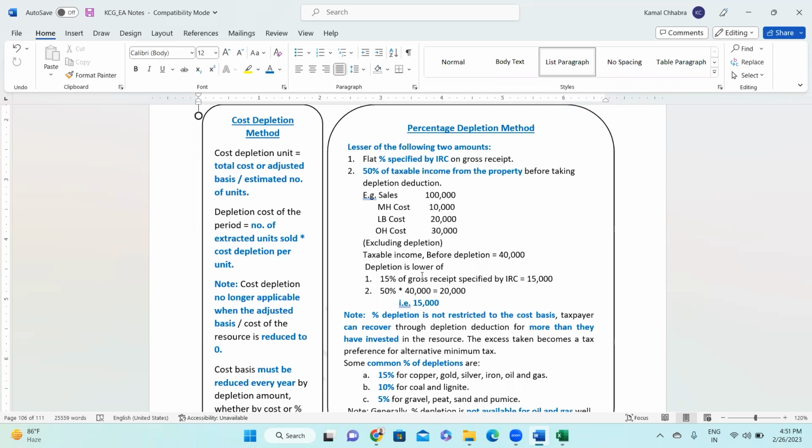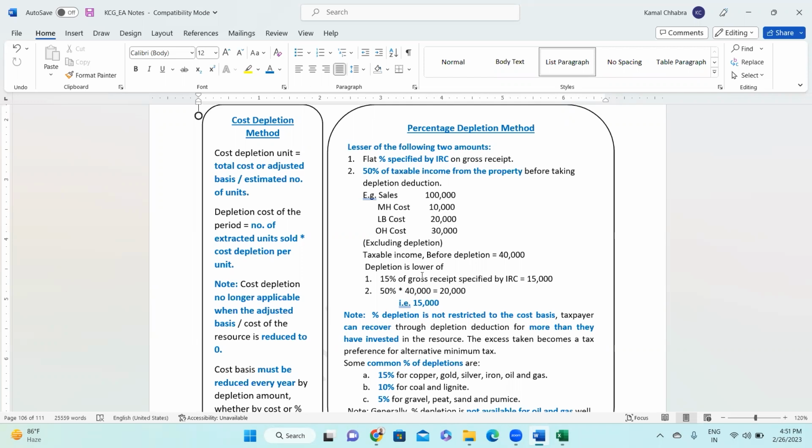Yes or no? It is before the depletion amount. First you need to identify taxable income before depletion, and then you need to apply point number 1 or 2. Point number 1 says depletion is the lower of 15%. Let's assume 15% is the rate defined by the IRC. 15% of the gross receipt, which is 15% of 100,000.